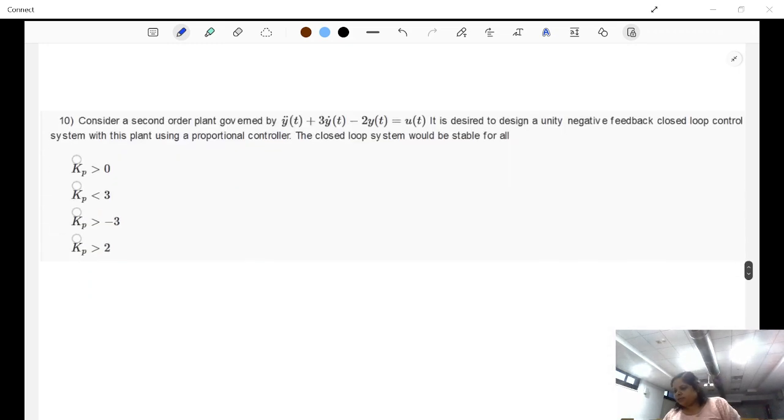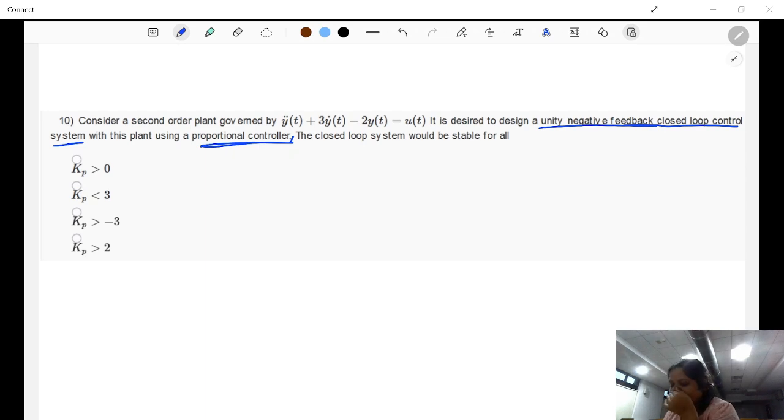So in question 10, what we are doing is, we have a second order differential equation, and it is desired to design a unity negative feedback closed loop control system using a proportional controller. So it is already told to you that you're going to use the proportional controller.